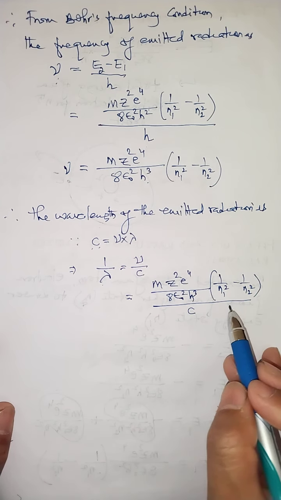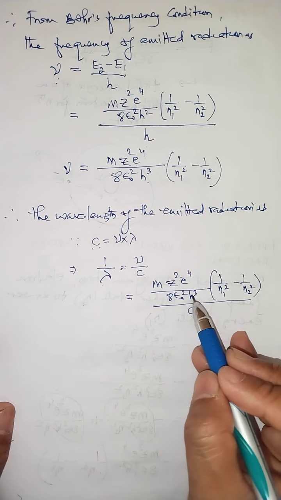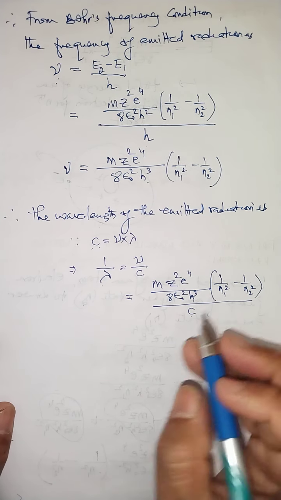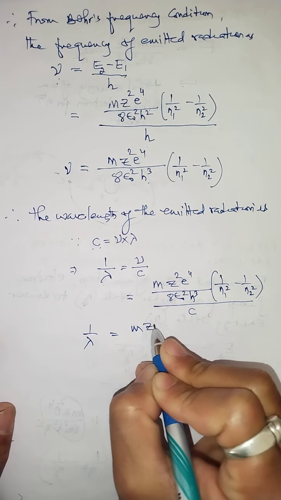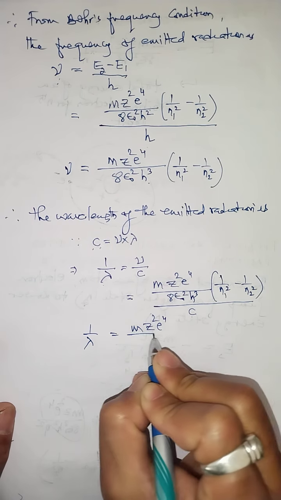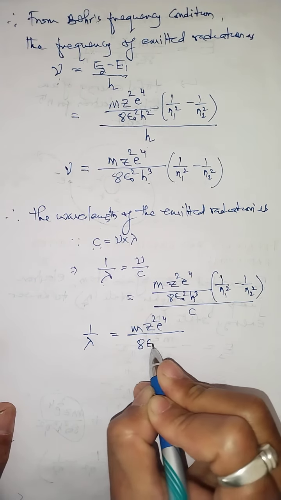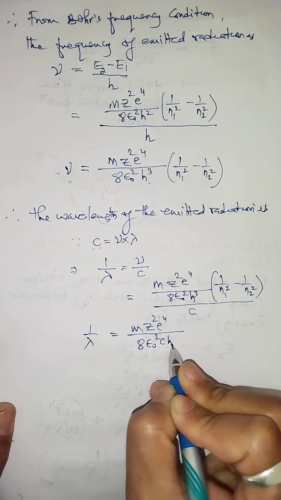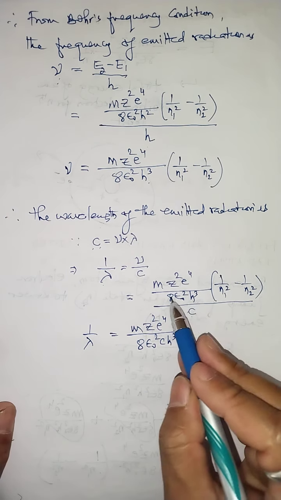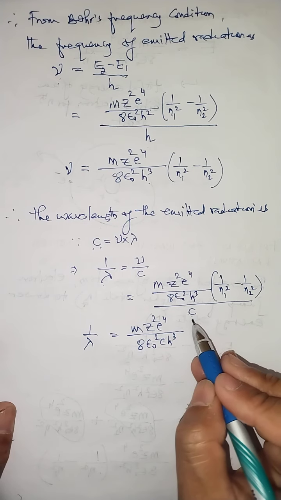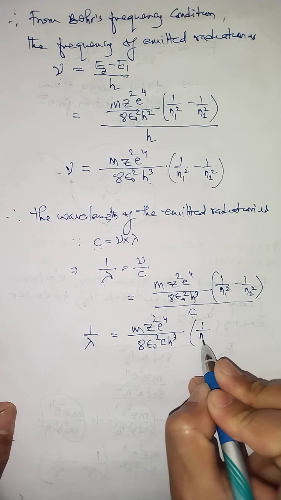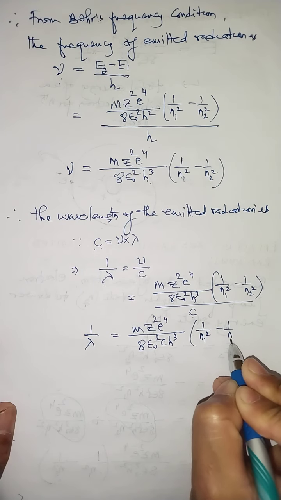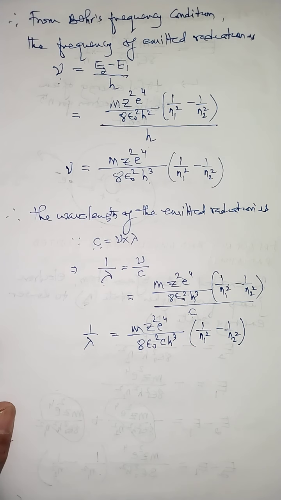Now this whole divided by C means this C and the denominator quantity will be multiplied. So it will be 1 by lambda equals m Z square e to the power 4 by 8 epsilon naught square c h cube, with bracket 1 by n1 square minus 1 by n2 square.